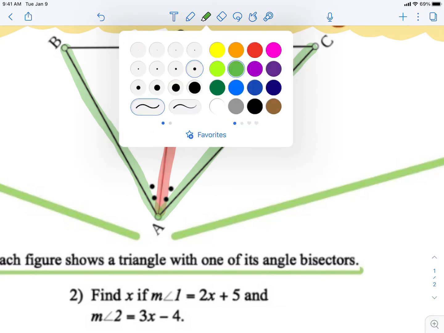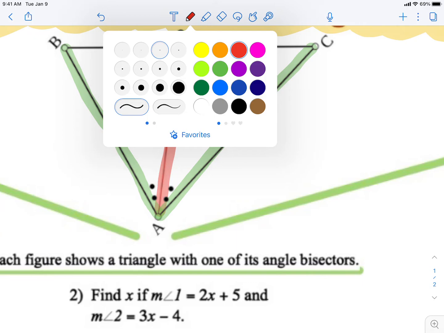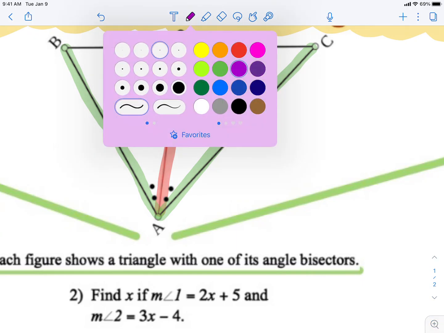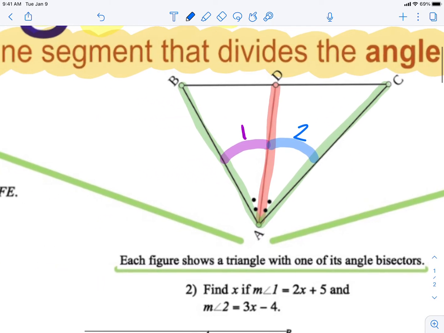It created this angle, and it created this angle. It cut it into two. We're going to name those angles angle 1 and angle 2.